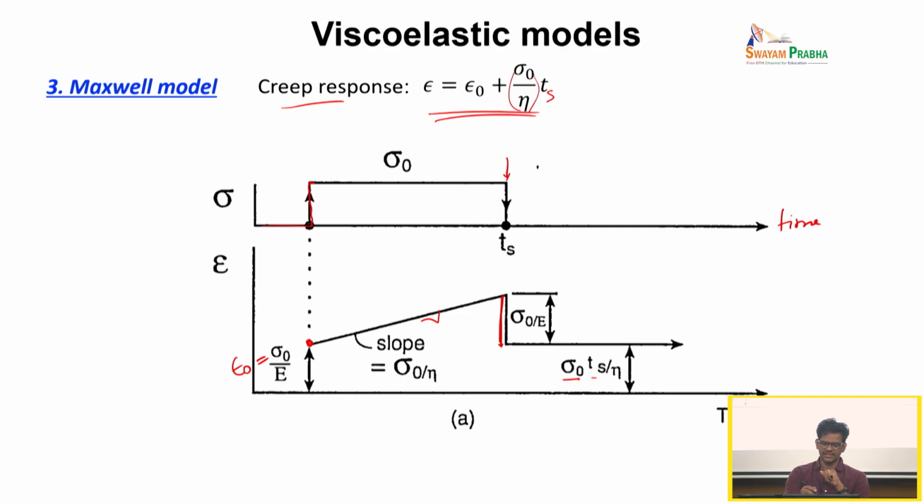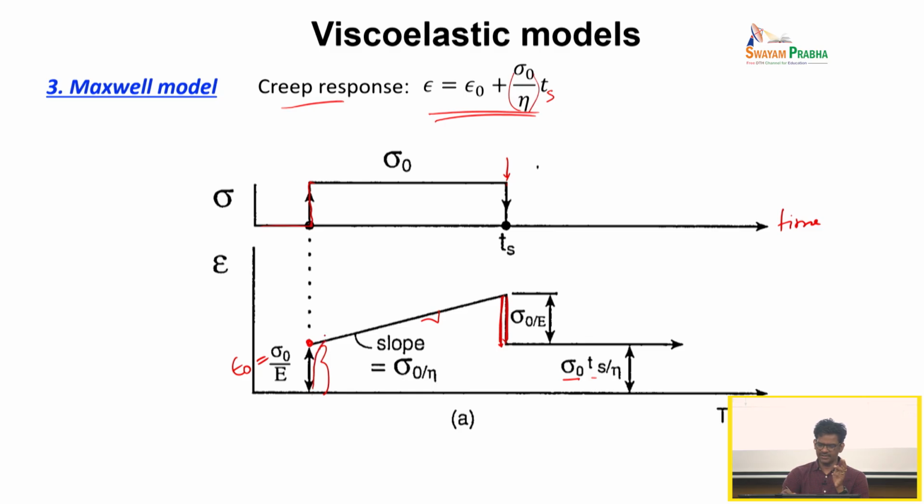So, you can see that there is no real lag here. When you apply this load, the initial strain jumps immediately, it responds immediately. Similarly, when I remove this load, you can also see there is a sudden jump, the material is able to respond immediately. Okay. So, there is no delay in this response. So, this is an ideal material.